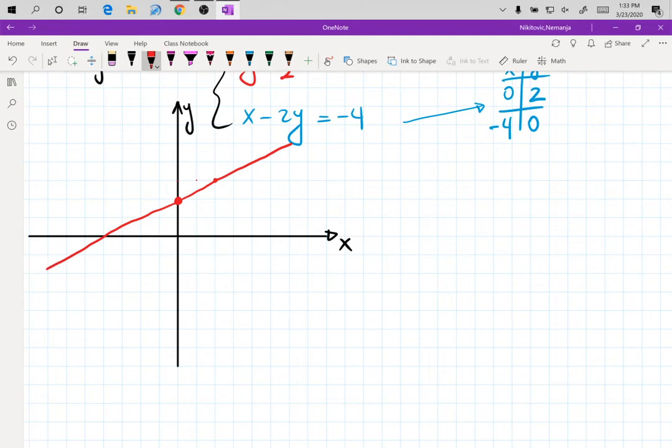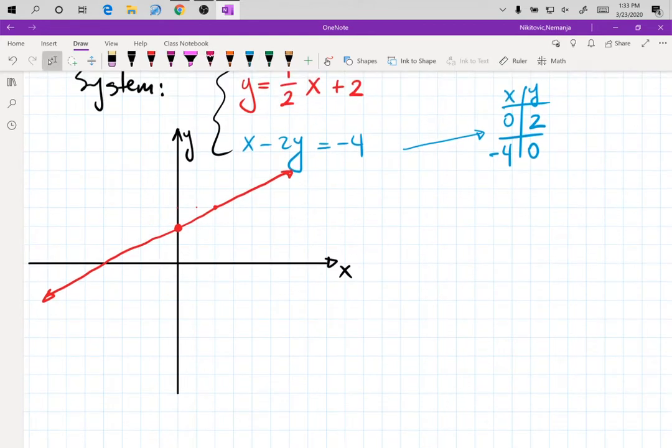So that's the red equation, and it's infinite. And now the blue equation, we have intercept points. So we have a 2 and -4. Look at that. Same line.